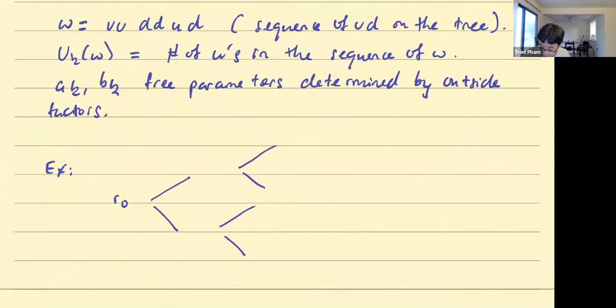And let's take the Ho-Lee model, which says RK of omega is AK plus BK times UK of omega.